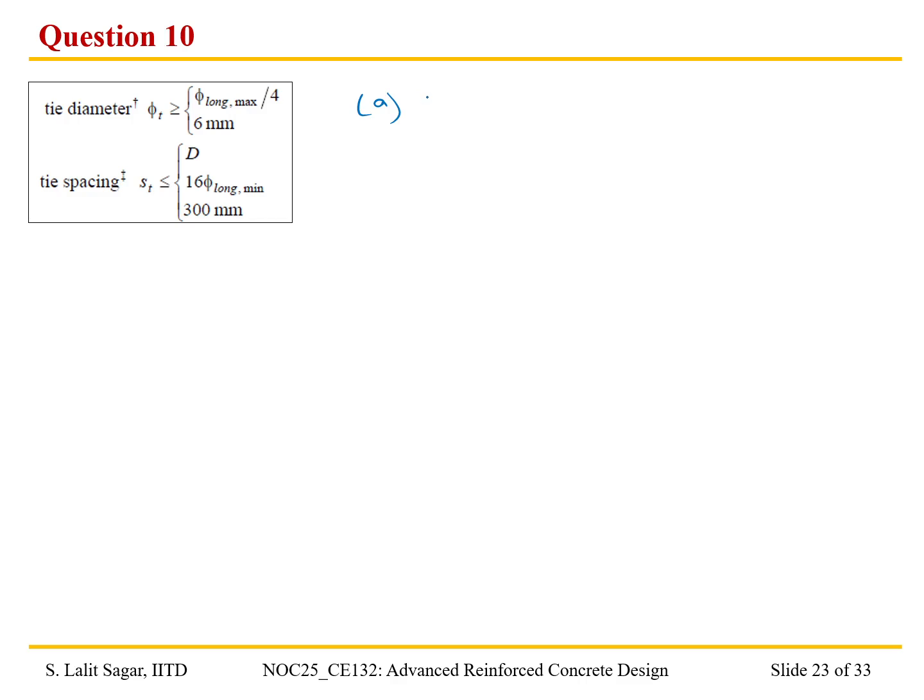Here we are providing 8 bars, all of 20 diameter. So 20 divided by 4 is 5 millimeter, or it can be 6 millimeter, whichever is greater. Usually in construction practice in India, we tend to follow 8 millimeter rebars of Fe 415.